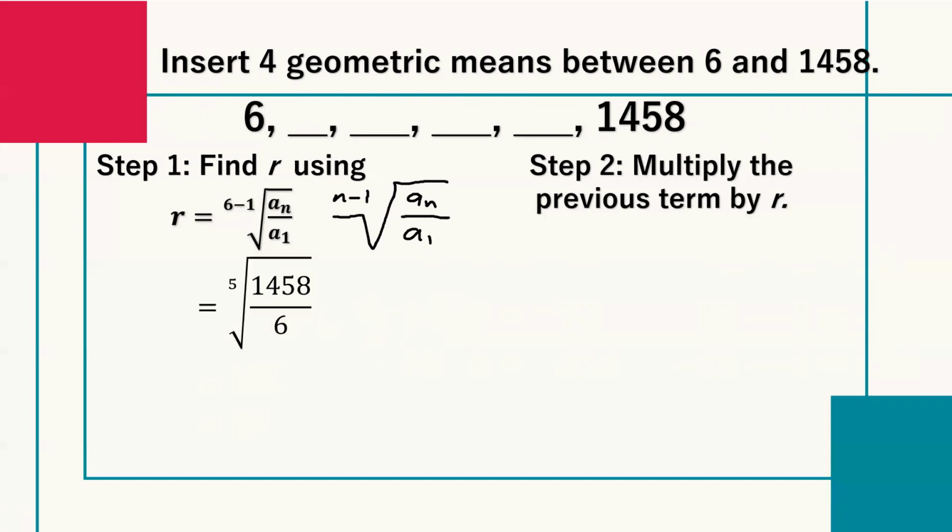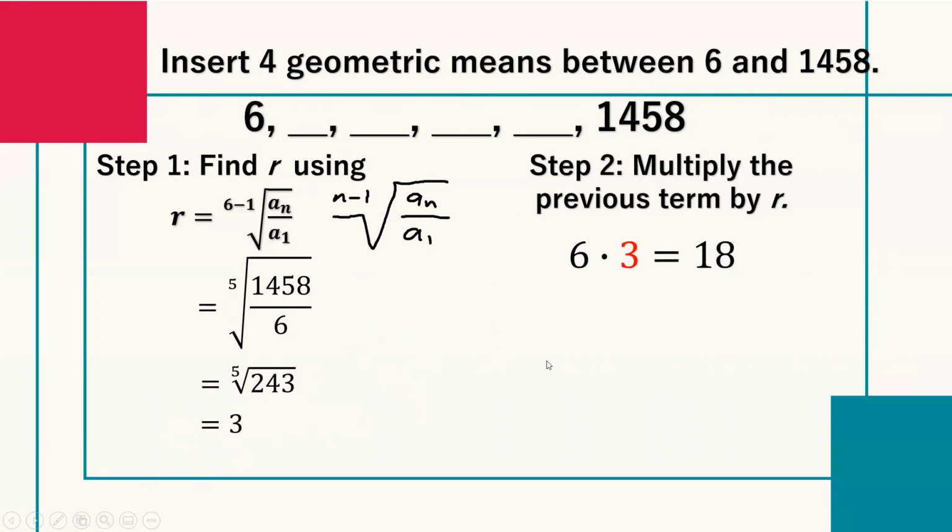So we have the fifth root of 1,458 divided by 6, that is equal to the fifth root of 243. Paano nakuha si 243? I-divide lang natin si 1,458 divided by 6. Okay, so get the fifth root of 243, and that is equal to 3. So positive lang yung meron tayo because we have 6 terms.